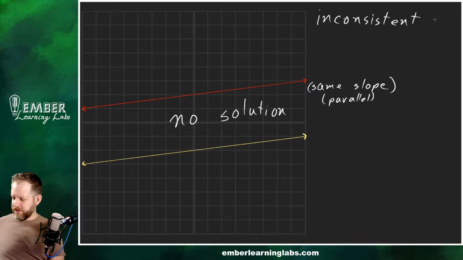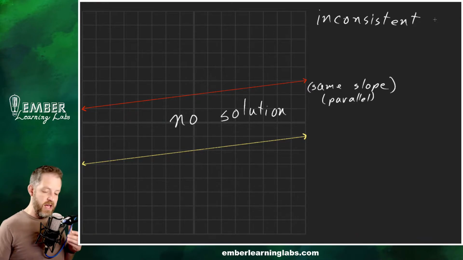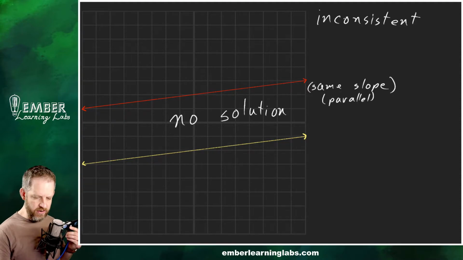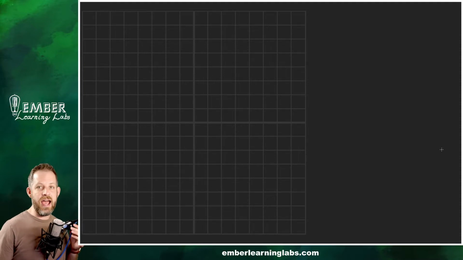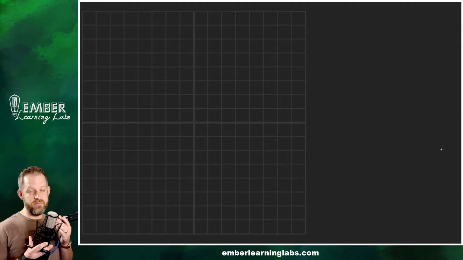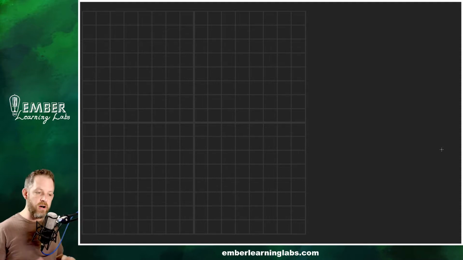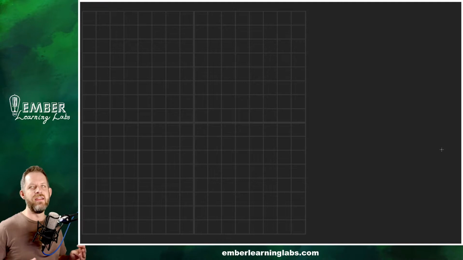Okay, so let's look at a couple of examples of if we are asked to graph a system. Now, it's worth noting that generally speaking, after this particular lesson, I'm not going to ask you to graph systems much more. We'll solve the systems algebraically because solving them by graphing is the least easy way to get a precise answer.